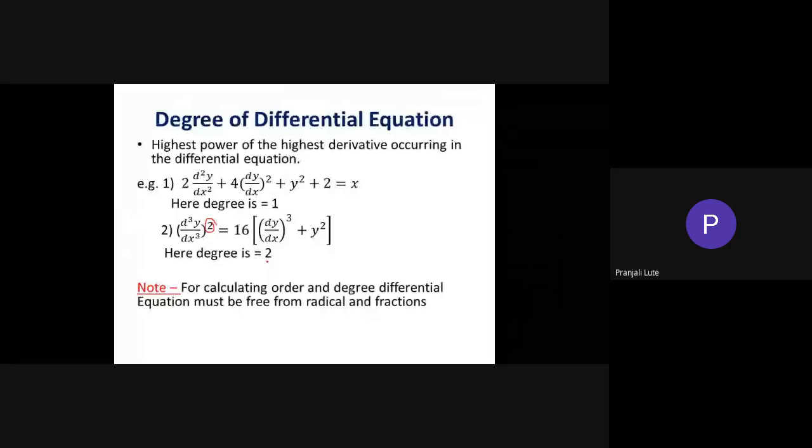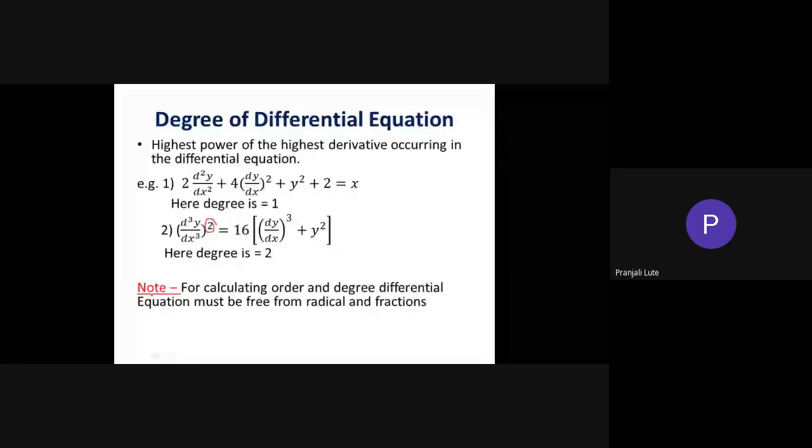But you have to note down one point. That point is, for calculating the order and degree of the given differential equation, you must free your differential equation from radical and fraction. It means if your differential equation is having some power in fraction, you have to remove that fraction, and after that you have to decide the order and degree of that differential equation. For this note, we see one example.